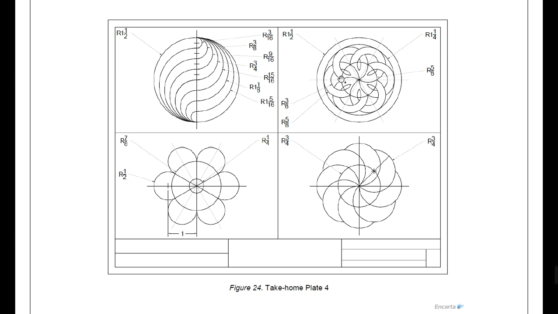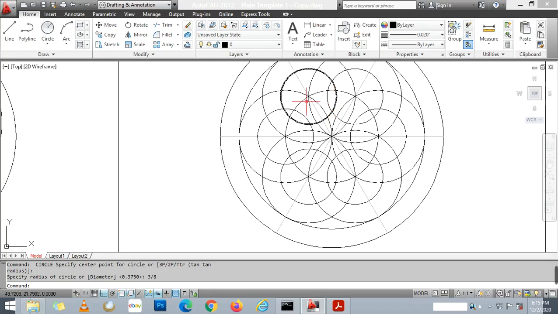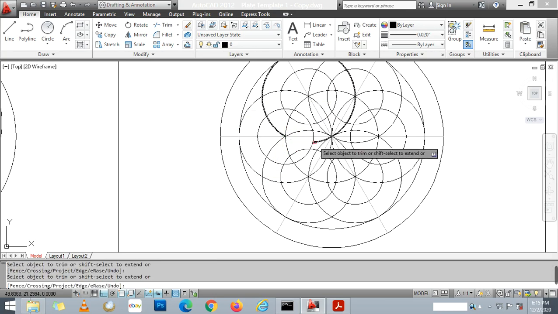Next circles. One, one, two. Here, up to here. So we need to trim this. Then you can erase these arcs.